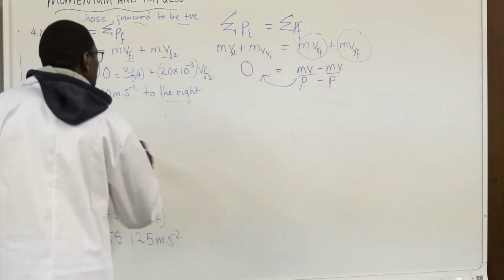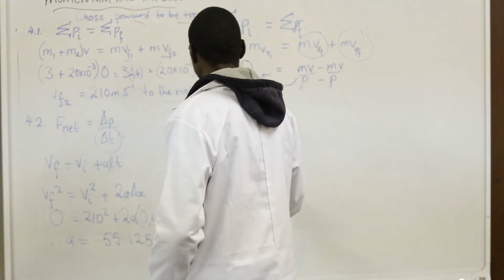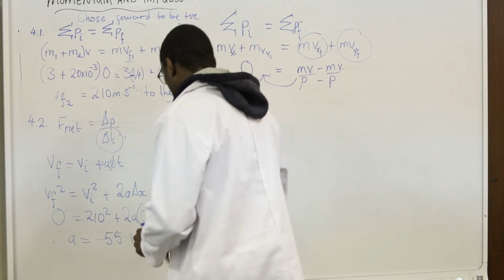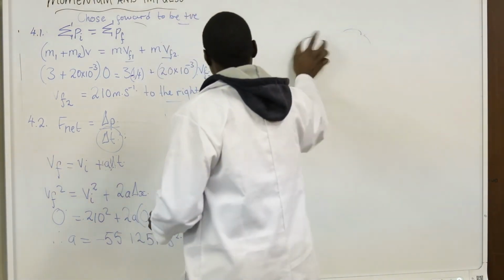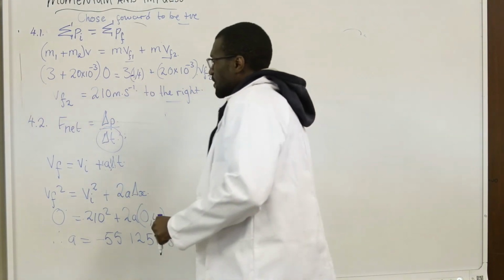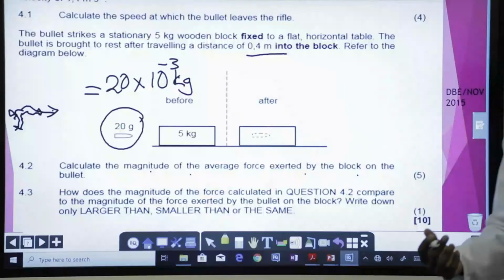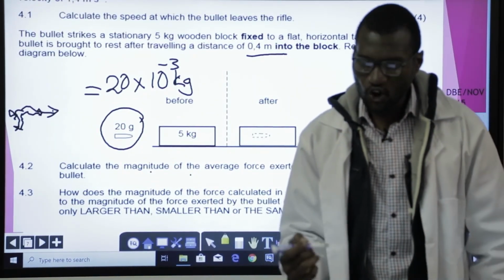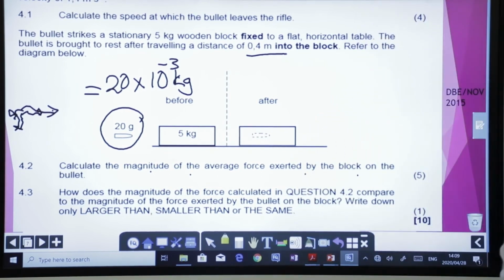Let's substitute now the acceleration into this equation, where we are saying our V final is equal to V initial plus acceleration times change in t. What we are looking for basically is the value of the change in t. So our V final is 0.